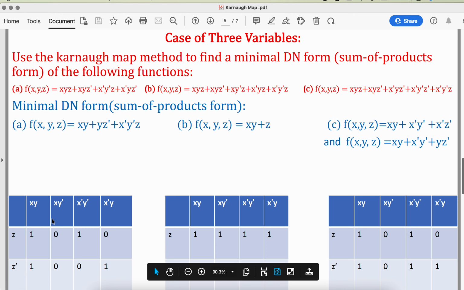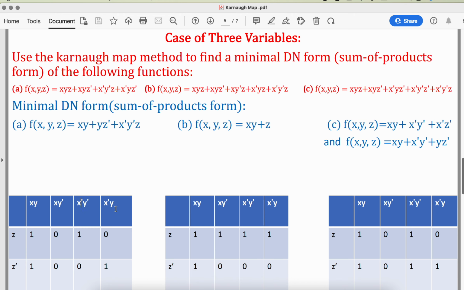In the top border row we write xy, xy', x'y', x'y. Take care of the order. I am changing one variable at a time. So it is xy, x is kept constant, y is changed to y'. Then y' is kept constant, x is changed to x', so x'y'. In the next case, x' is kept constant and y' is changed to y.